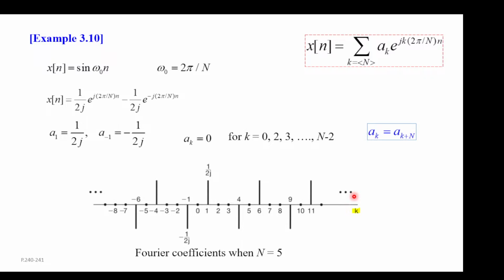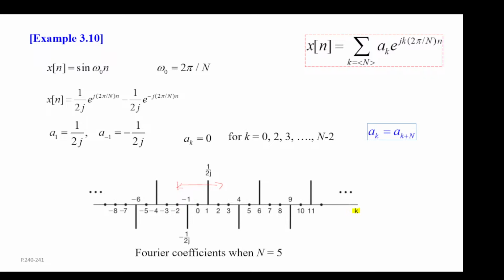And then we see that when we want to sum back to get our x of n, we can pick whatever range of k, right? We just need 5 consecutive k here. So for example, maybe you pick a really symmetric one. So maybe we have our k from minus 2 to 2, right?